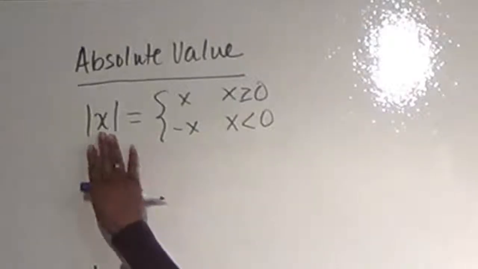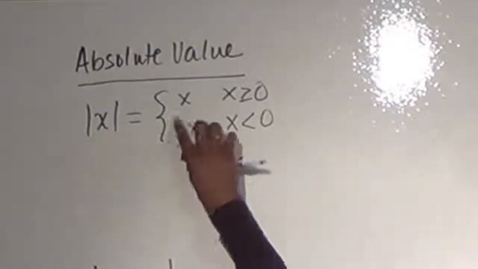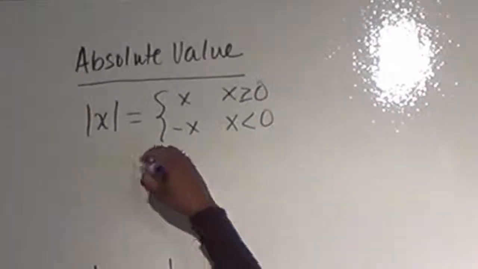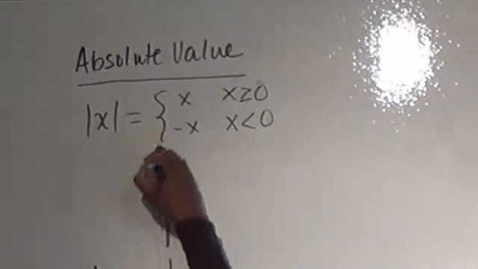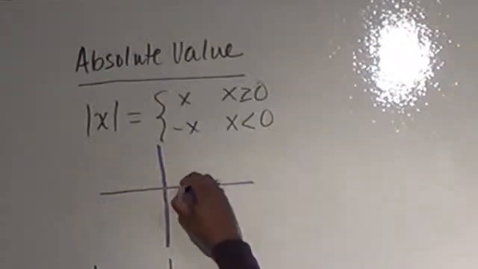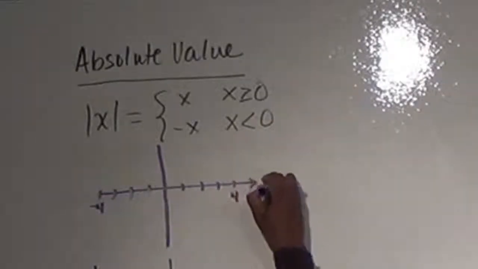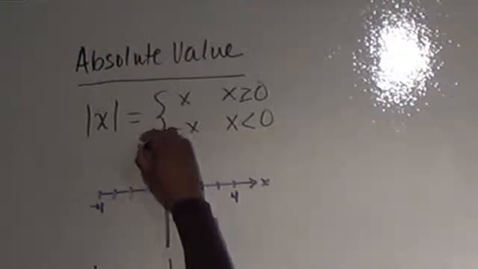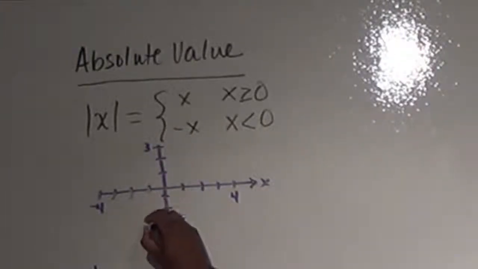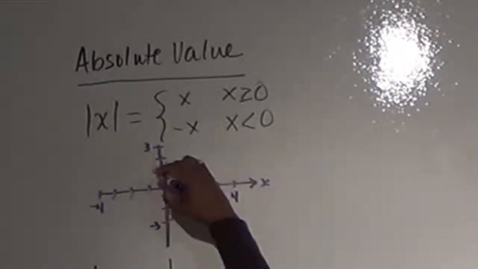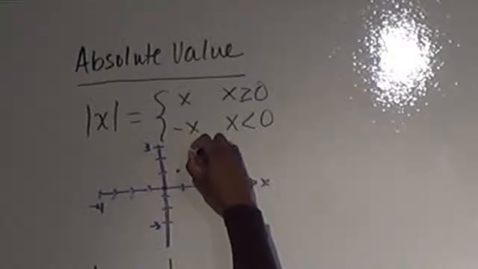So if I consider the absolute value of x based on the definition that the value is x when x is greater than or equal to 0, and when it's negative x when x is less than 0, then if I look at this graph, for all the x's greater than or equal to 0, I'm going to get exactly the x value.